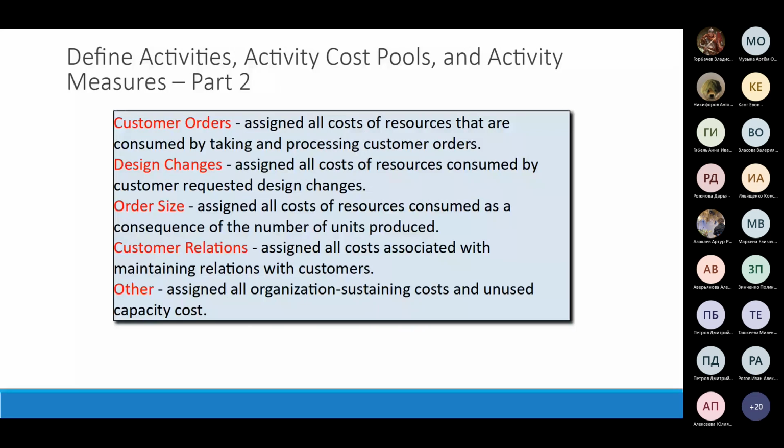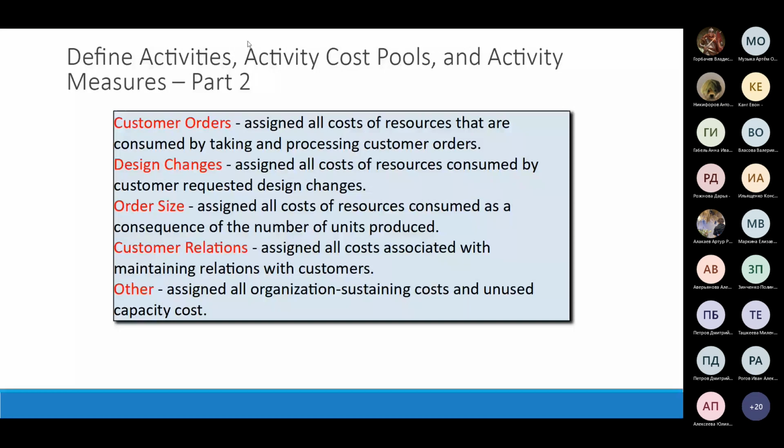Order size is related to the number of units. Customer relations is related to customers, and other expenses are assigned as organizational sustaining costs and unused capacity cost. So if we do not use the full capacity, we may use this specific cost pool.